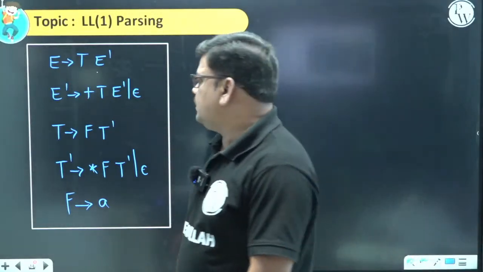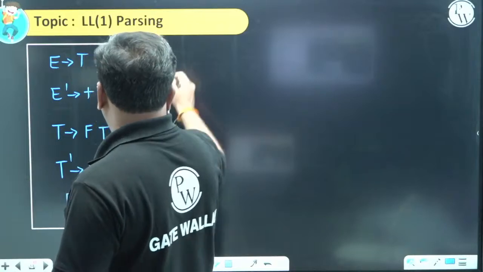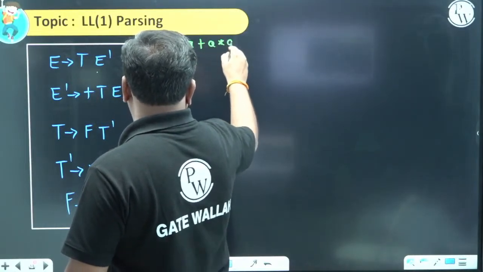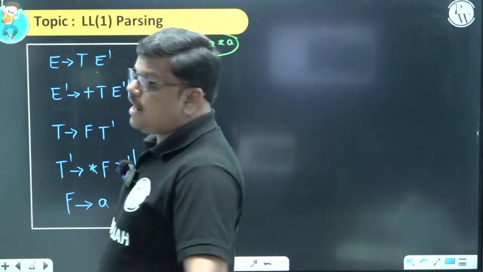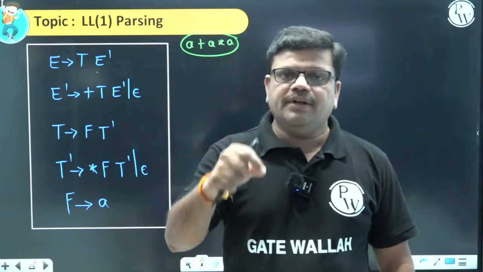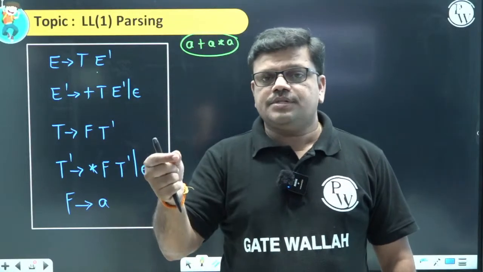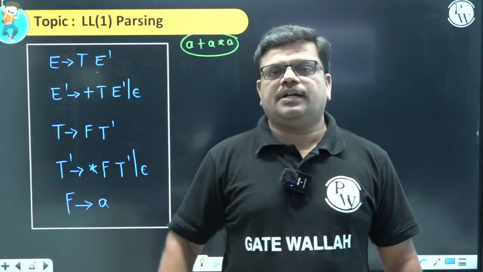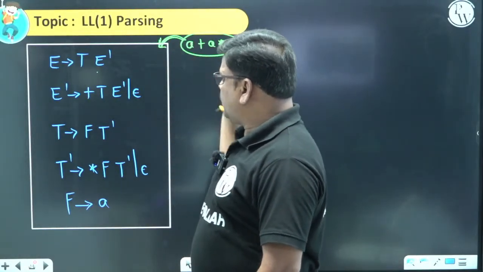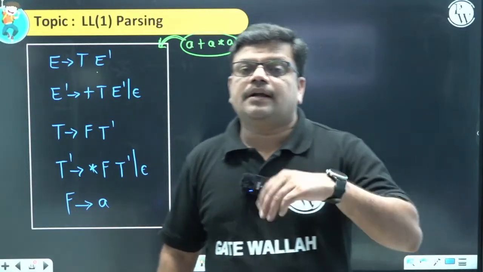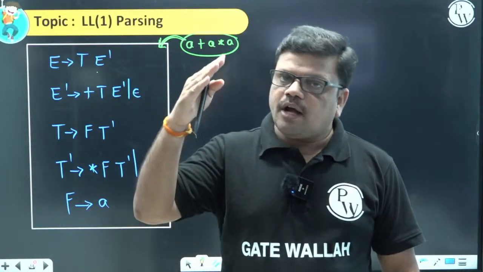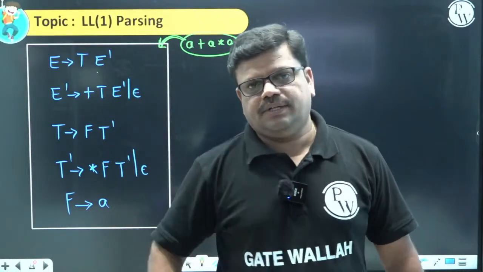What is parsing? I have a grammar and I have an input. We verify whether the input is generated from the given grammar or not, whether this input is a member of this grammar. In order to verify this, we have two approaches: top-down approach and bottom-up approach, different ways of verification.